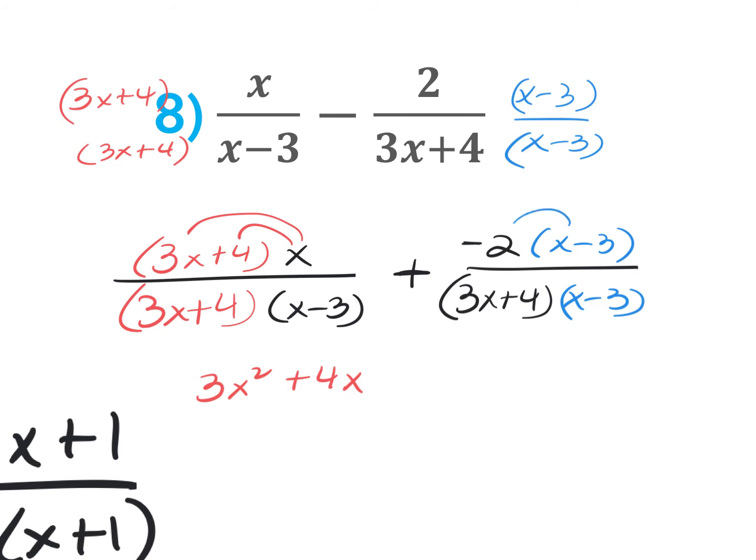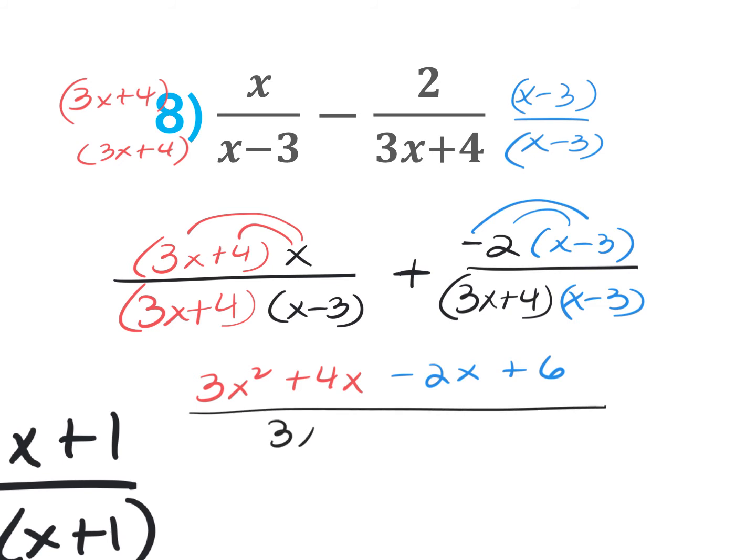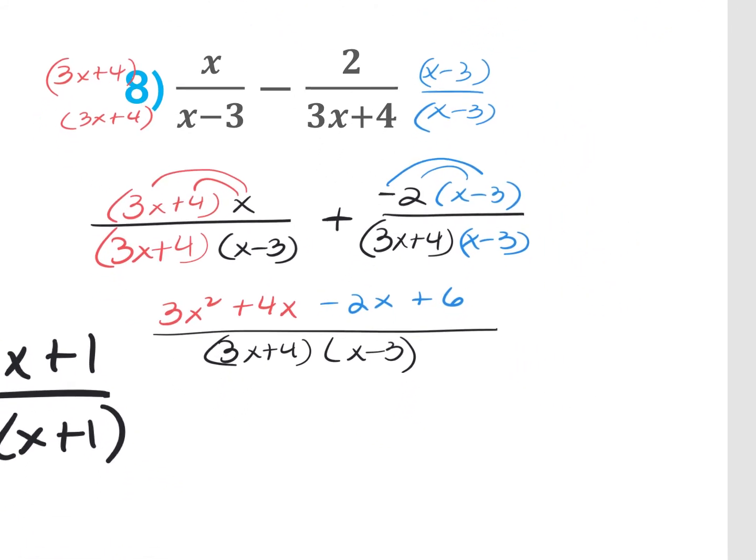-2 times x is -2x, and -2 times -3 is +6. Now it has the denominator, it's already factored. I'm leaving it alone. Do not FOIL it. And now I need to go back and look for like terms in my numerator.